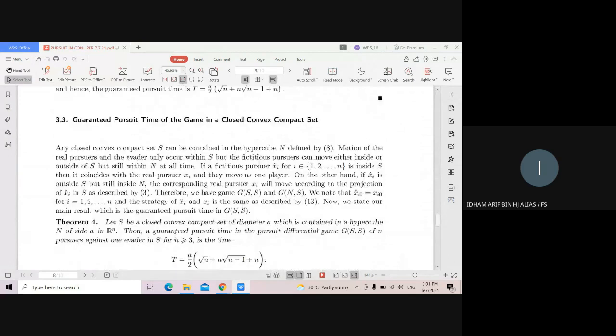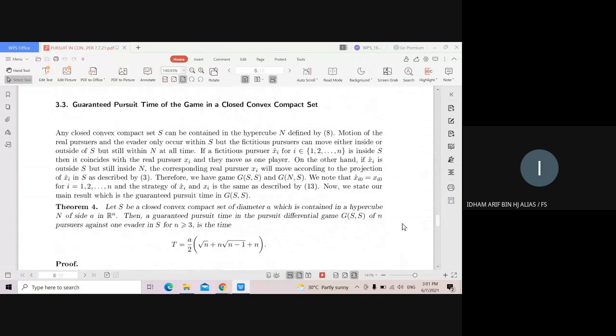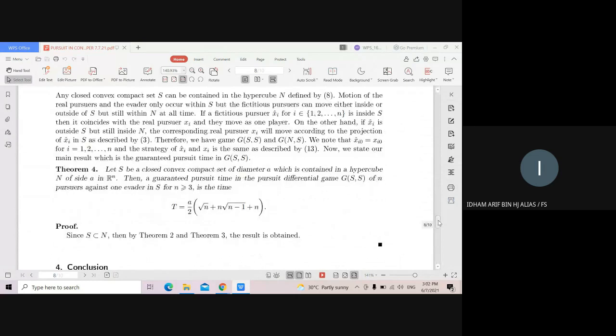This theorem 4 is just the same as the guaranteed pursuit time in theorem 3. But we use the idea of theorem 1 and theorem 2 because S is contained in N. Because of that, the guaranteed pursuit time in S is just the same as the guaranteed pursuit time in N. Okay, I think that's what our project is all about.